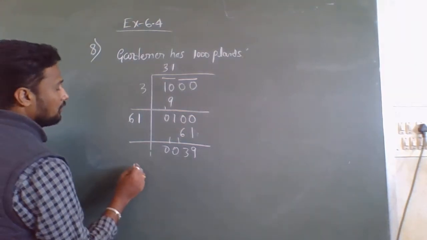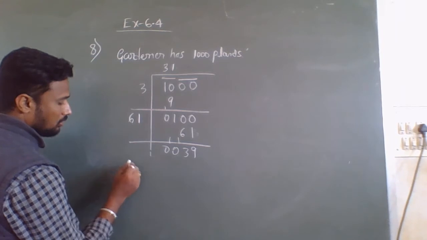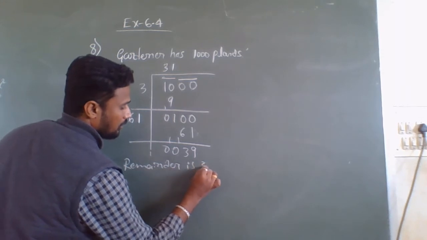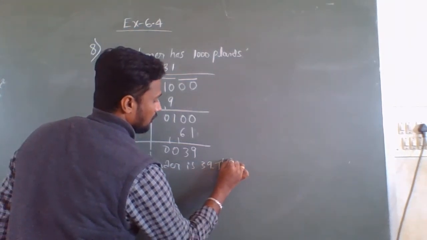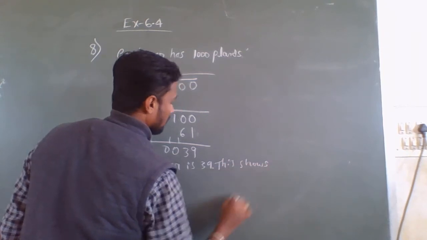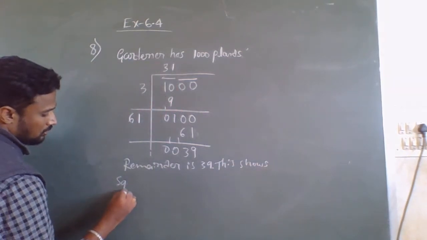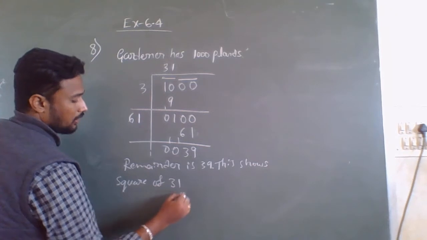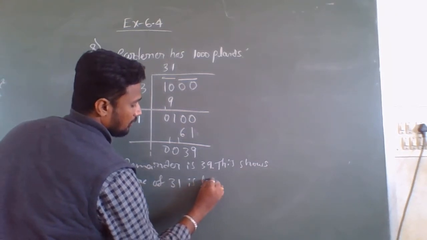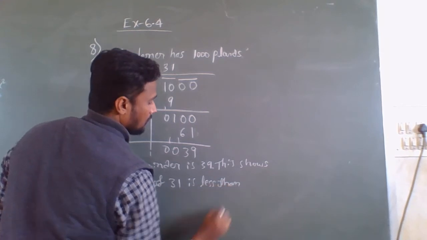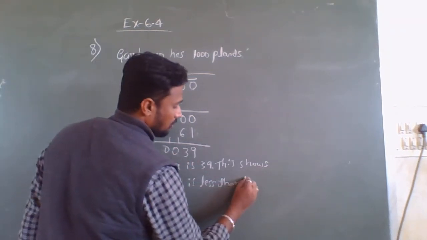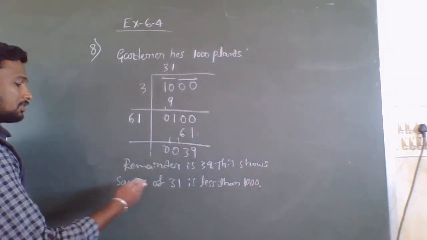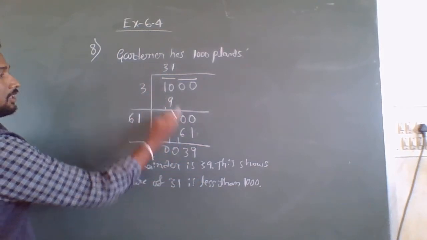So here I will write: remainder is 39. This shows that the square of 31 is 39 less than 1000.